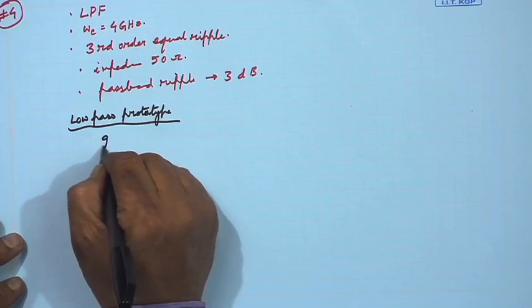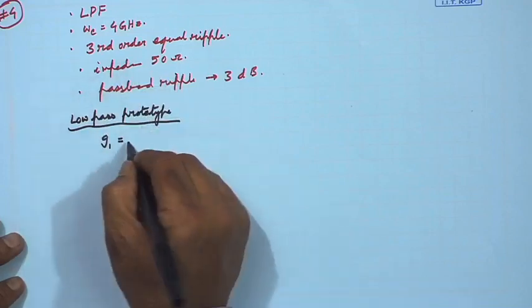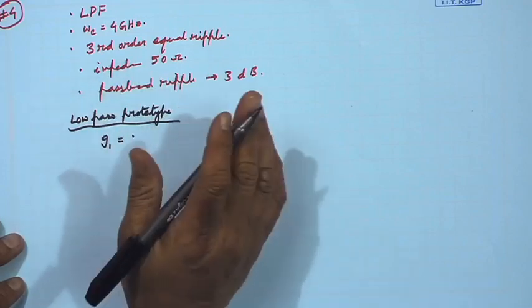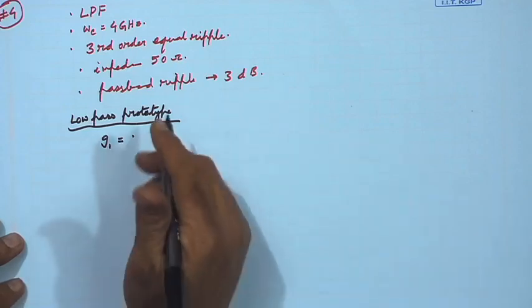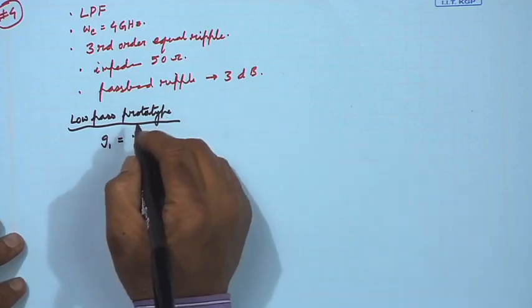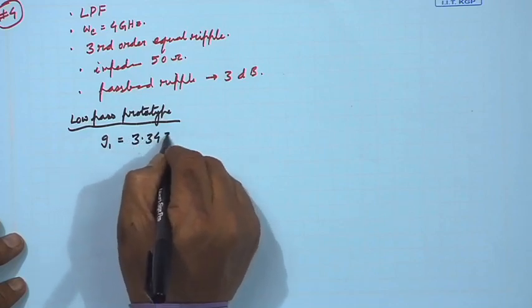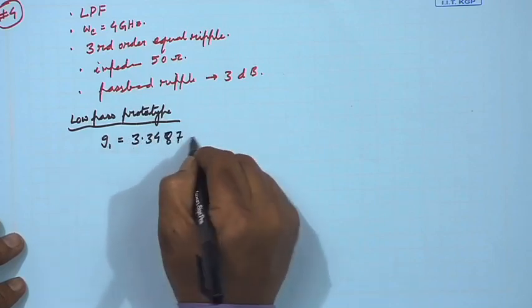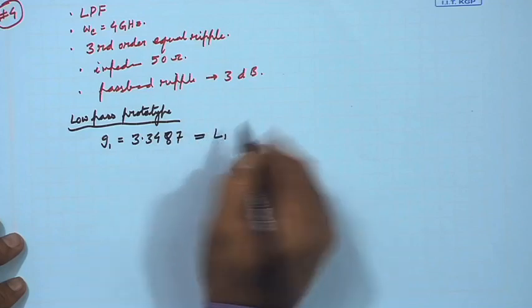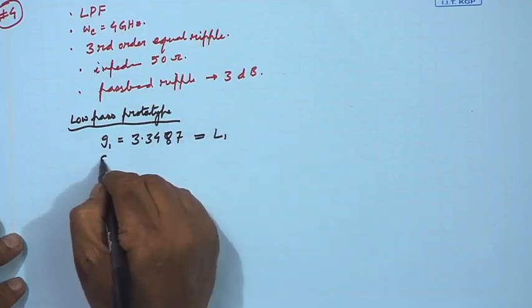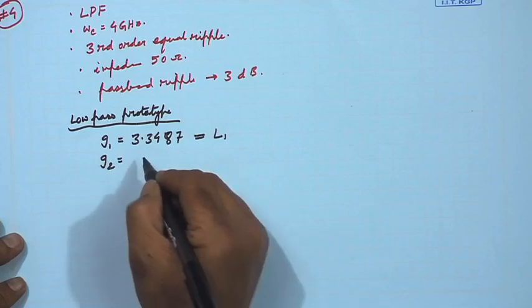So, here from the table we can see for Chebyshev third order, again you see the final one, RL, should be 1. So, G1 is 3.3487, and that we can call L1, the series element.